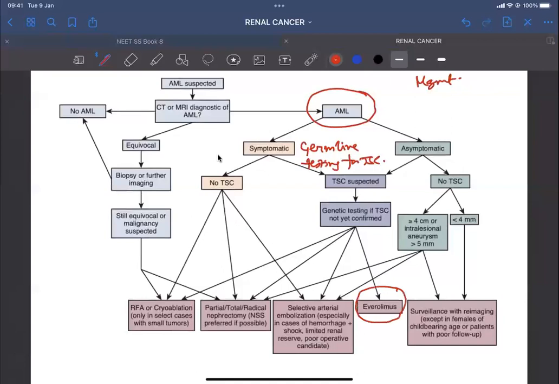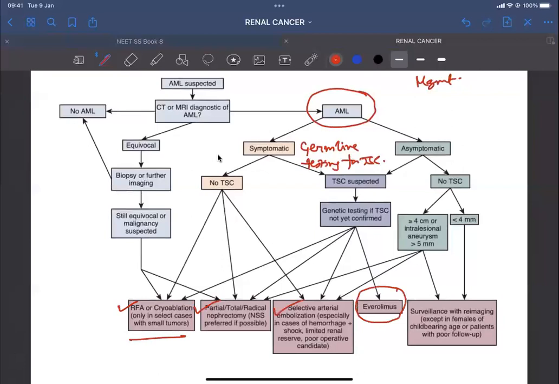That is the only difference. Otherwise, you can do the same things. It's RFA, cryoablation, partial or total nephrectomy, selective arterial embolization.